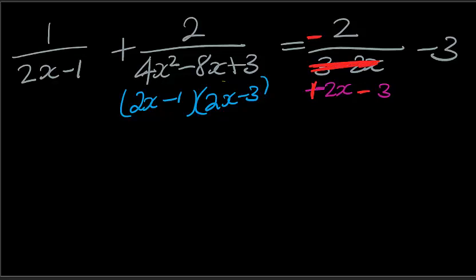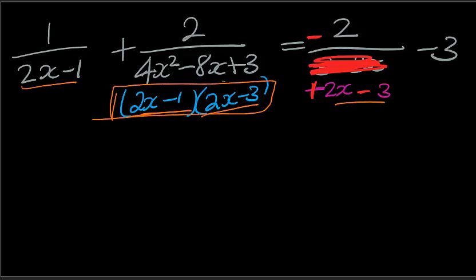So this is gone, and we are left with minus 2 over 2x minus 3. Okay, now we are looking for our common terms, and that is repeated and that is repeated. So this here is our common denominator.